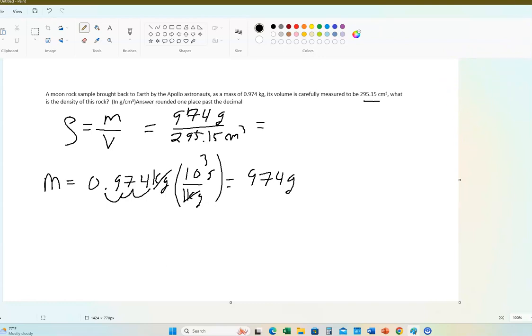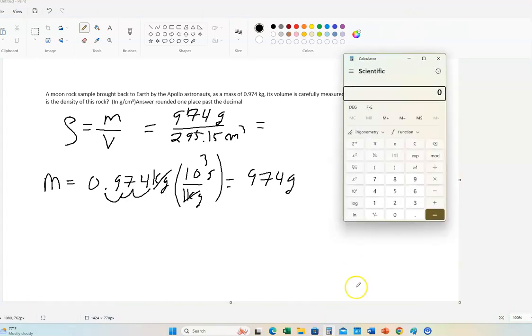Let me get my calculator. 974 divided by 295.15, you should be trying to do this as well. Equals. It says to round it to 1 place past the decimal, so 3.3. That's the correct answer.